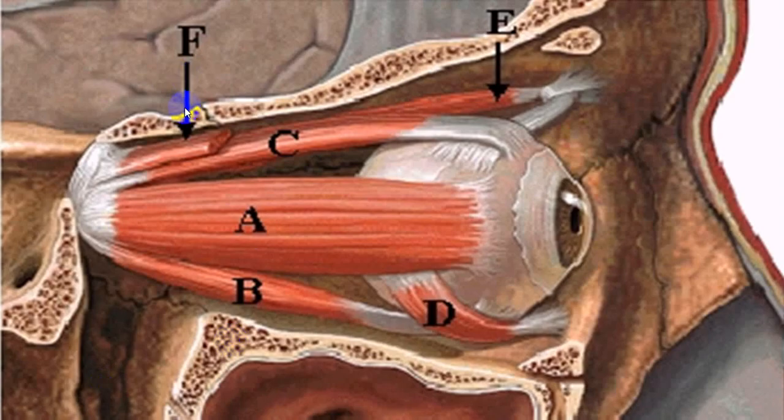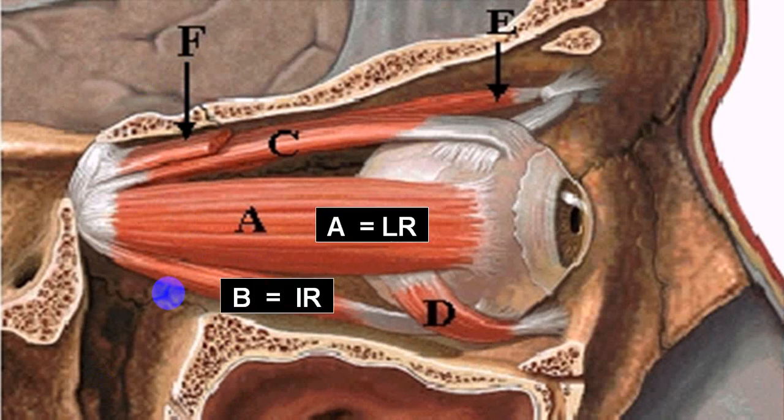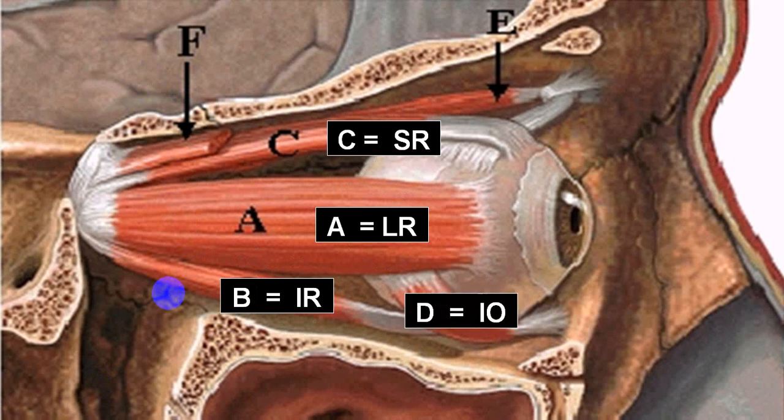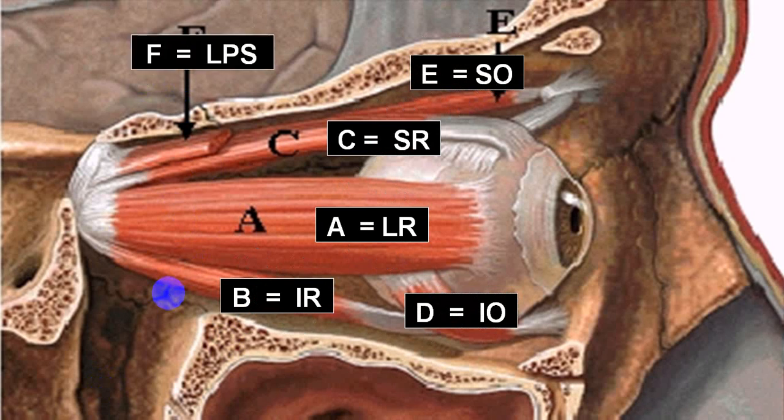So these are all the different muscles. We'll be labeling them. A is lateral rectus, B is inferior rectus, C is superior rectus, D is inferior oblique, E is superior oblique, and F is levator palpebrae superioris. So we have 4 recti, 2 obliques and 1 levator palpebrae superioris.